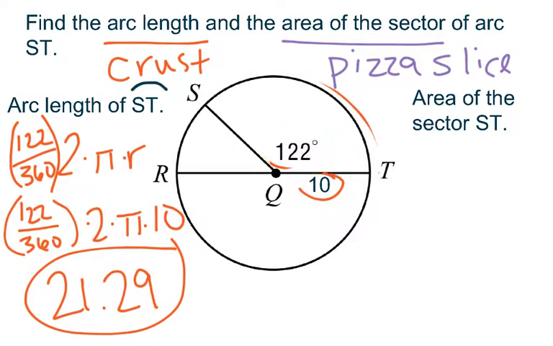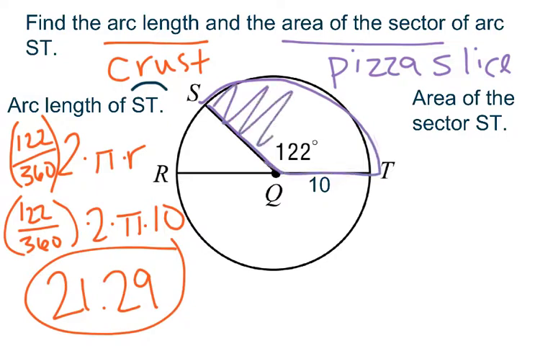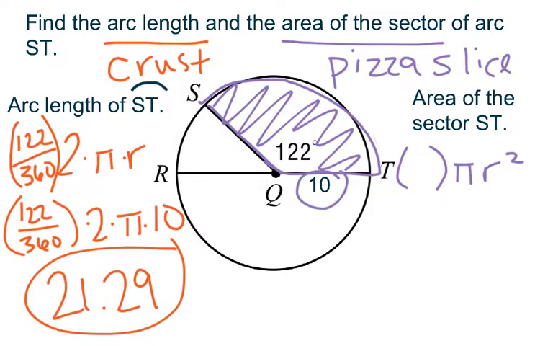Alright, so now let me erase this, and now we're going to find the area of the sector. So when I talk about area of a sector, I'm talking about like this entire slice of pizza. How much is it? So it's going to be a percentage of the area formula. So area is pi times r squared. So here's our r, that's 10 squared, and we're going to do a certain percentage.